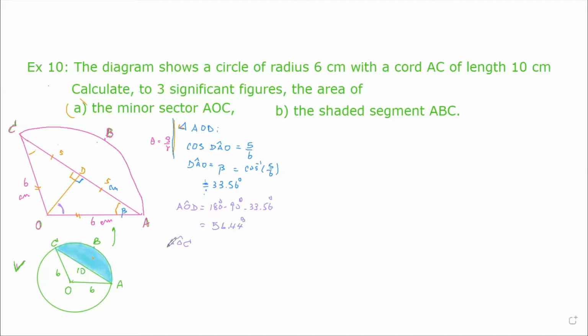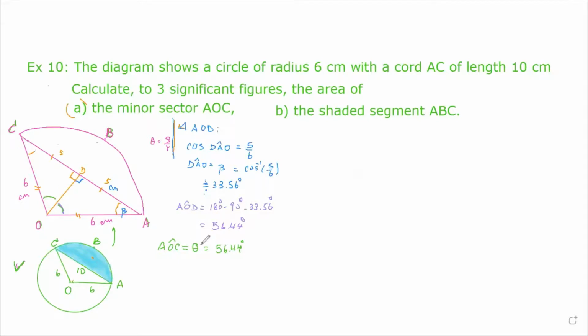Maybe I like the green color here for AOC. Maybe we get this one as theta. Okay, so we have AOD already, which is 56.44. But we know this angle must equal this angle, correct?